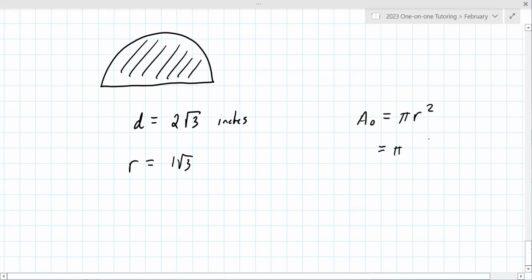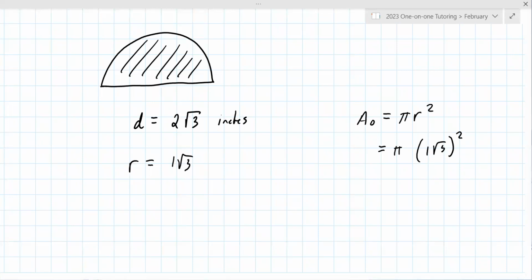What is the radius? The radius is 1 square root 3, squared. So then that would be 1 squared times 3. And then the final answer would be 3 pi.